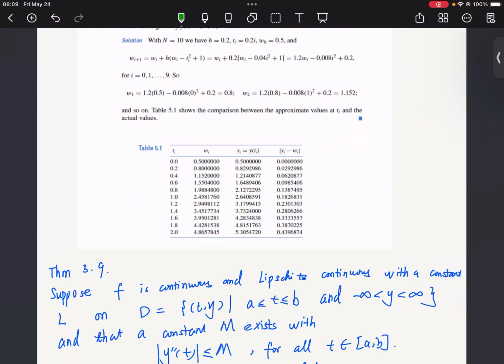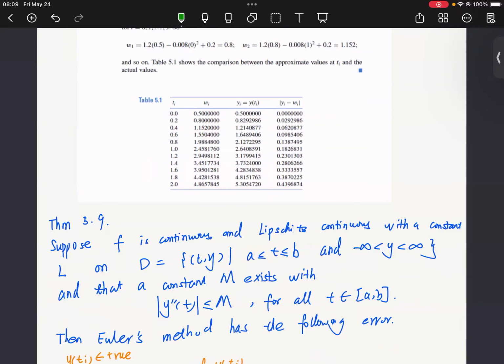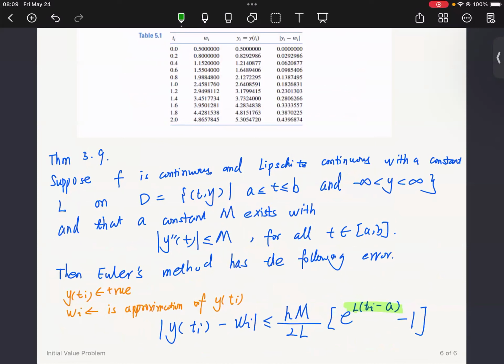We find out that throughout the time, the error is becoming bigger and bigger at the nodal points. We also see this in the theorem, and that's why we have a bigger and bigger error throughout the time.